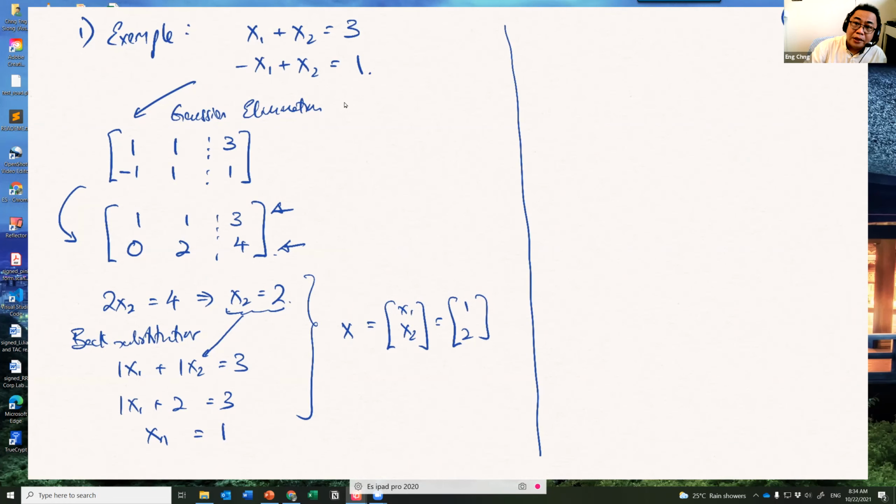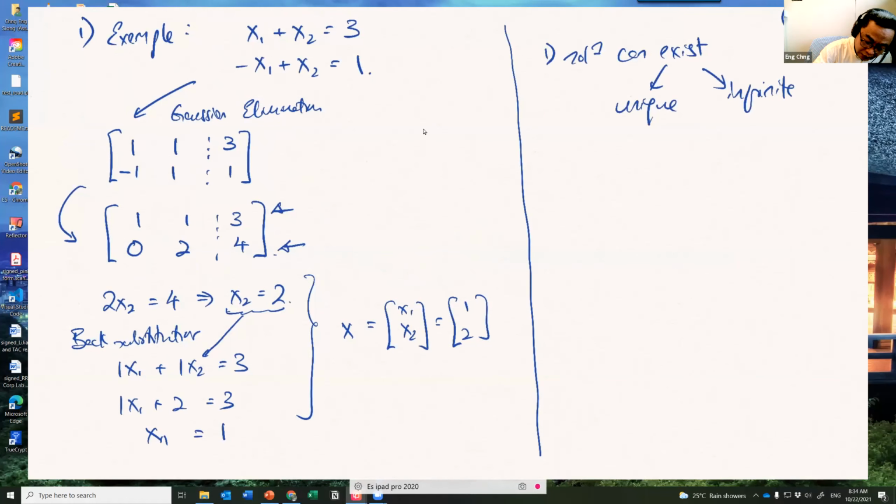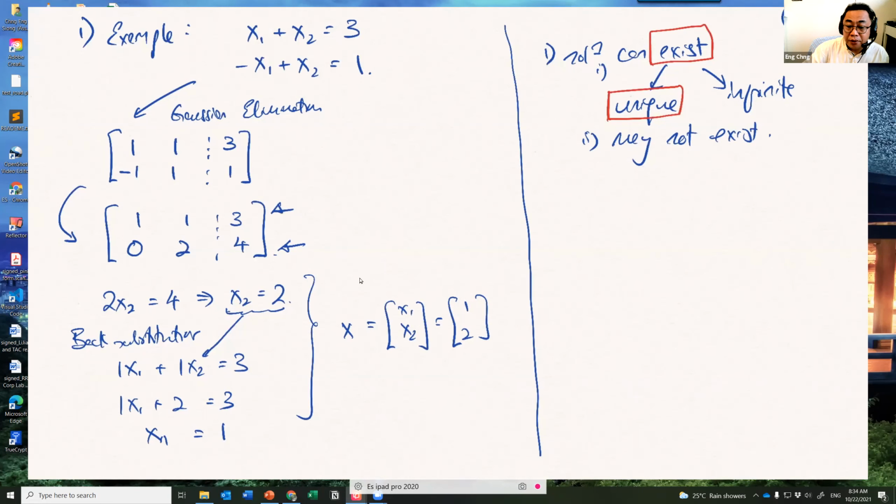Now, in tutorial 1, remember that the solution can exist. And if it exists, it's unique or infinite, or it may not exist. So in this simple example, the answer is it exists and the solution is unique. Why? Because there is only one solution.